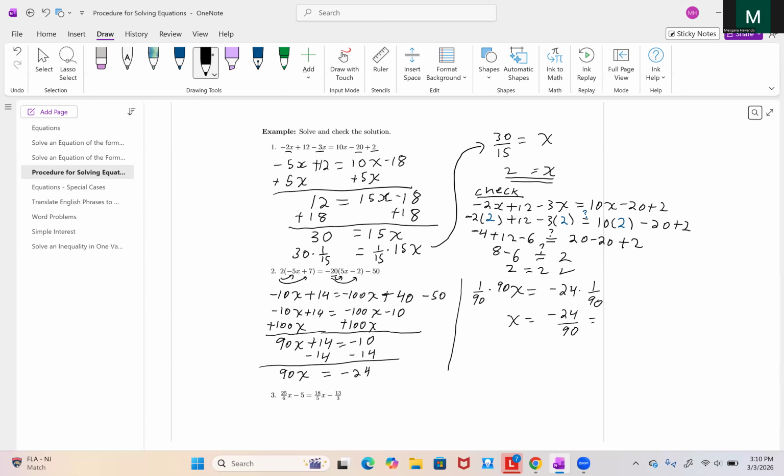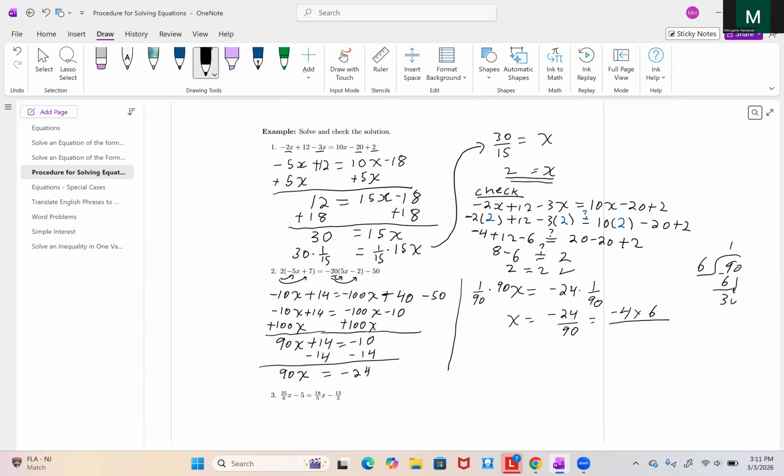So this can be written as negative 12 times 2. We can write it as negative 4 times 6. In the denominator, we divide 90 by 6. 1 times 6, subtract, the difference is 3.